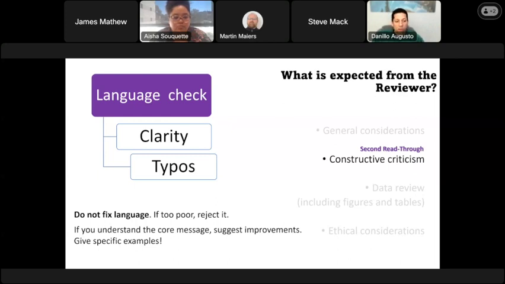For example, look at this sentence that is consistent throughout the paper. Or you can say, oh, there is a problem with a lot of typos. Look at the sentence here. So just give a couple of examples and a suggestion about the language. And that will help the authors, because that's good feedback for them, and also will help the editor to spot those problems.